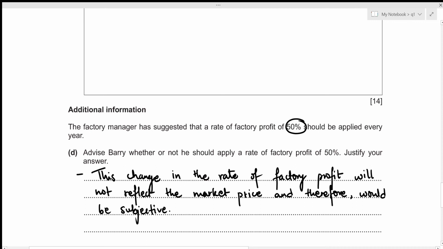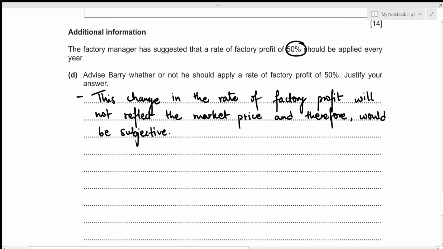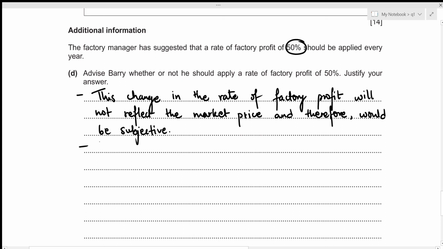Similarly, we know that currently our rate of factory profit is 25%, so increasing our rate of factory profit to 50% would definitely increase our factory profit. Let's write it down. This would increase the factory profit. And an increased factory profit would definitely reduce the gross profit, right?